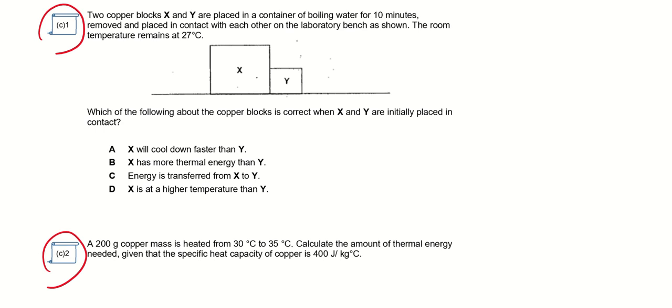Why is it that a bigger object has more thermal energy? There's more what? Thermal energy. Yeah, more particles. If you have 1 kg and 2 kg, which one has more particles? 2 kg. So which one has more?